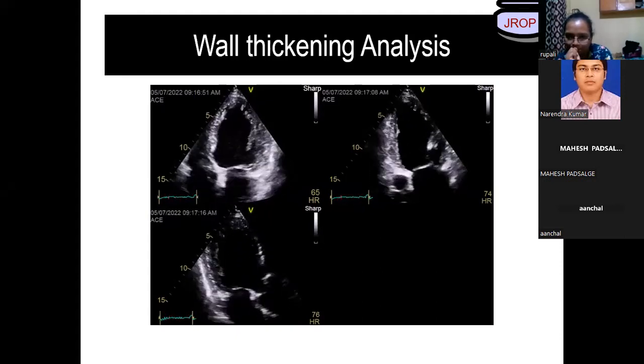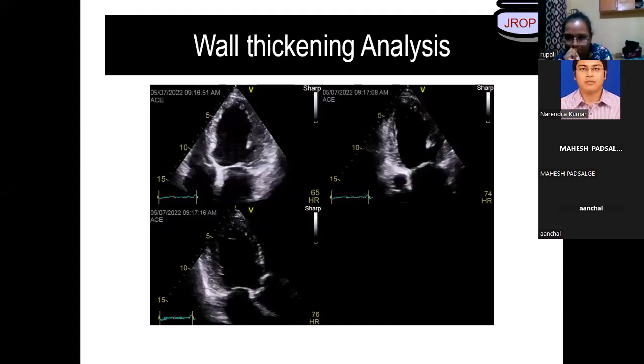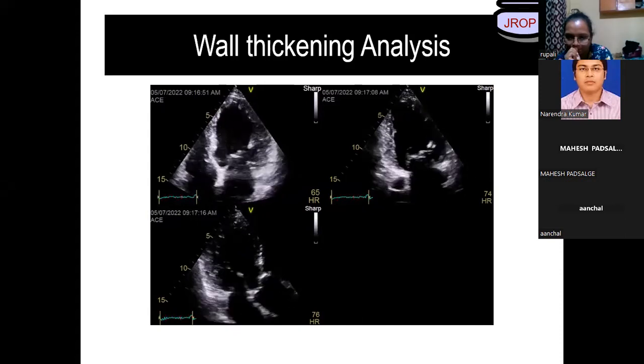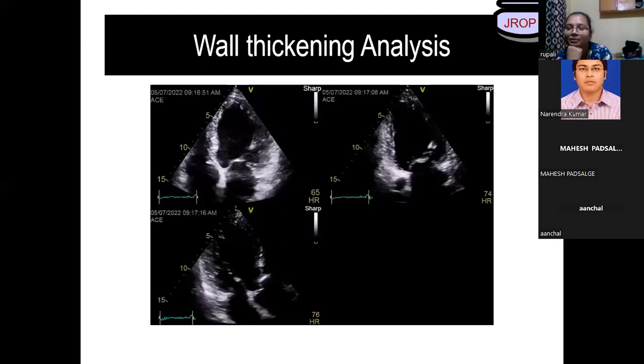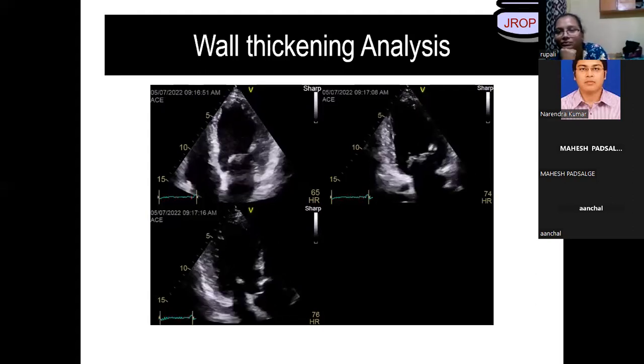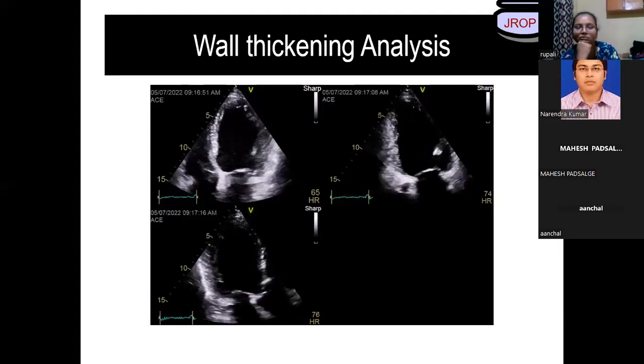I'll give you marks. The AML and PML position. Wait a minute. Because sir, here only 2 chambers and one aortic valve is only in this view, sir.